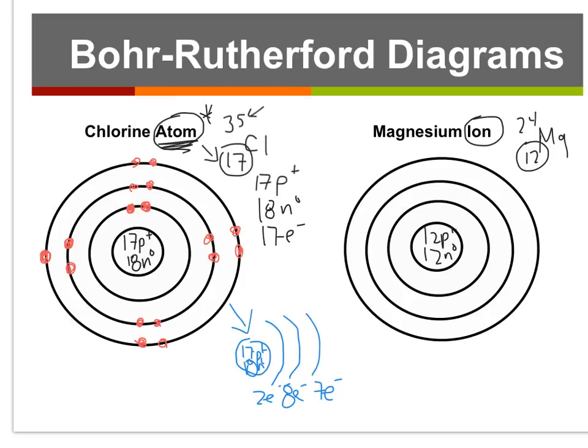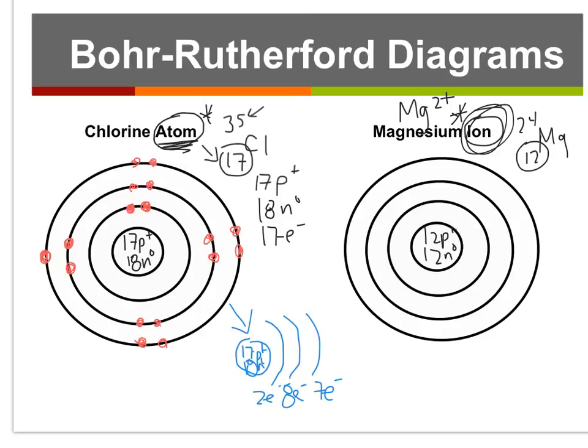And now to figure out the number of electrons, we need to pay attention because this is an ion. Magnesium, when it's an ion, you have to recall, will take on a 2+ charge. That means that there are 2 more protons than there are electrons.